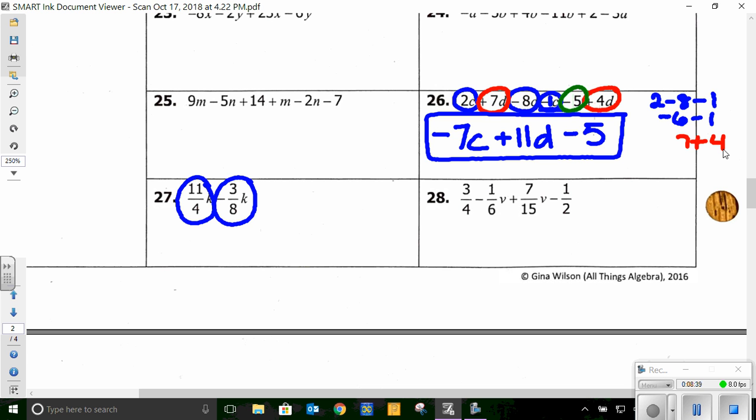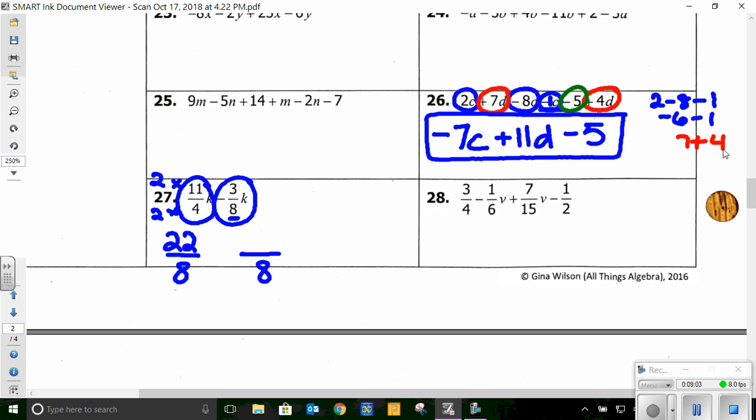Now, in order to subtract fractions, remember we have to have a common denominator. So my common denominator between 4 and 8 is going to be 8. Remember, it can't be smaller than the largest number. And I know that if I take 4 and times it by 2, I'm going to get 8. So if I take 11 and I times it by 2, I'm going to get 22.